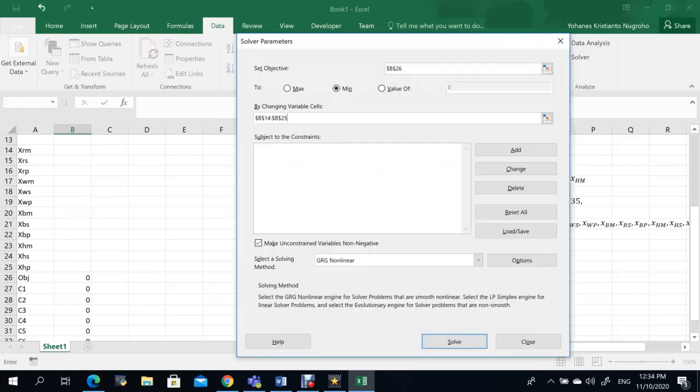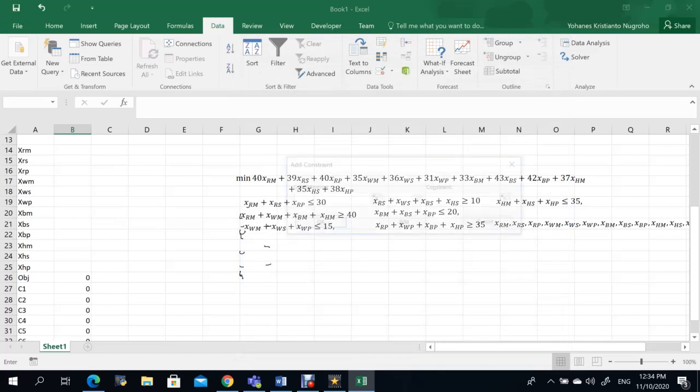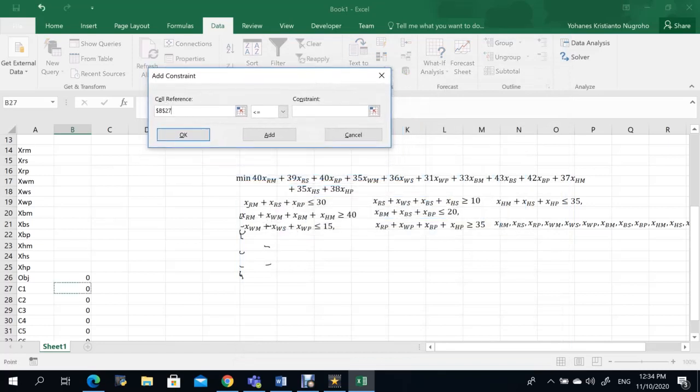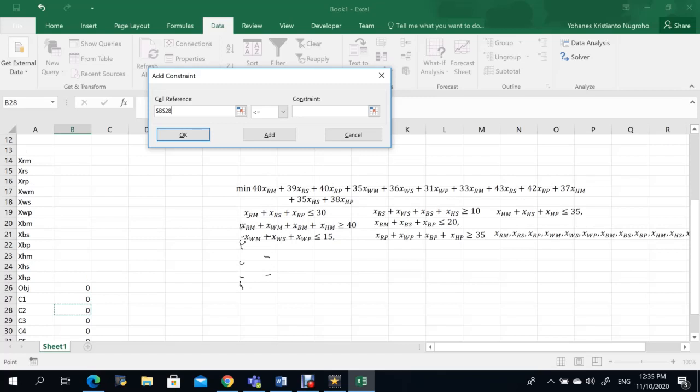Okay, and by adding first the first constraint, that C1, constraint number 1. Okay, for R, it should be less than or equal to 30, right? Constraint number 2 is XRM, and then XWM, so it should be less than or equal to 15, right?